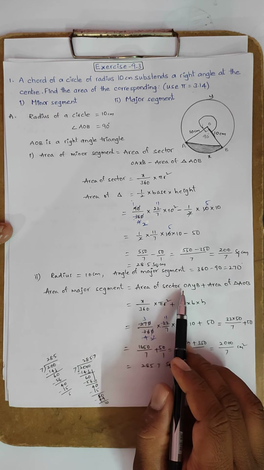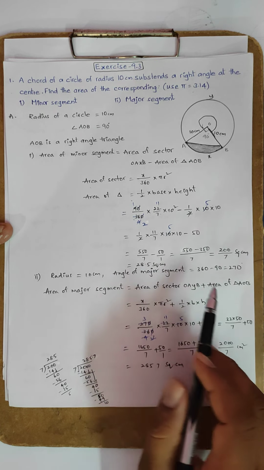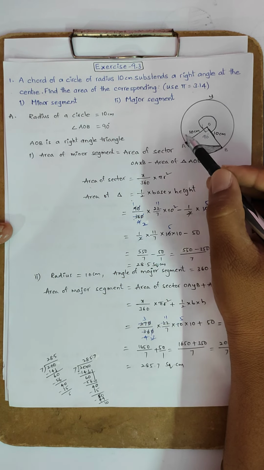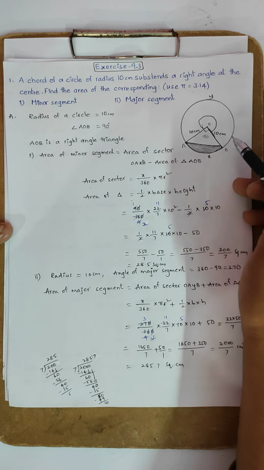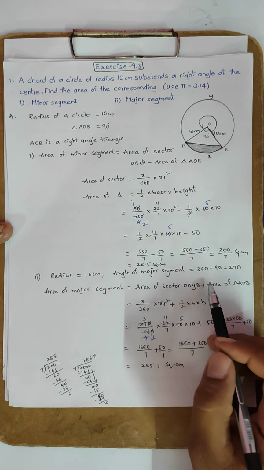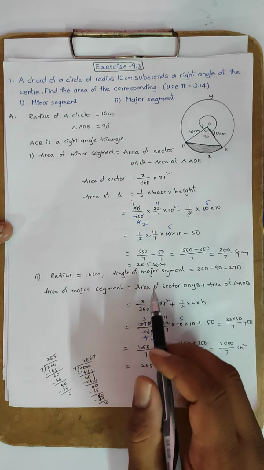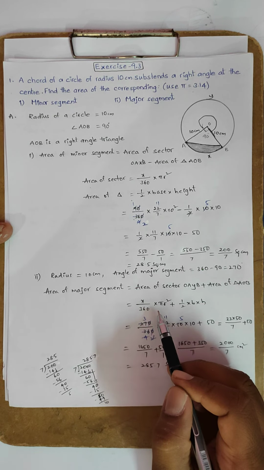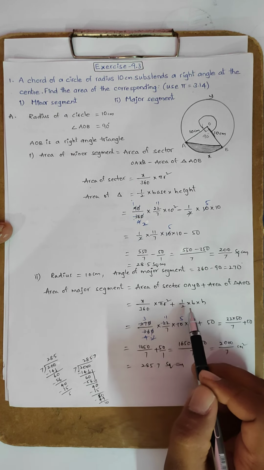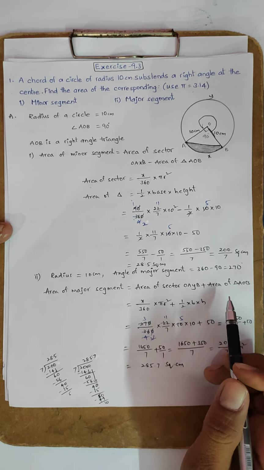So area of sector OAYB, OA, this arc YB, the big sector in this circle, plus area of triangle AOB. Same formula, x by 360 into pi r square plus area of triangle half base into height.